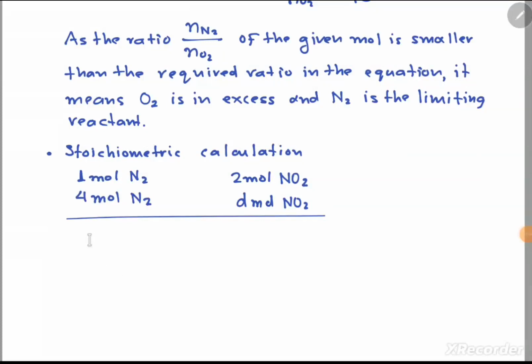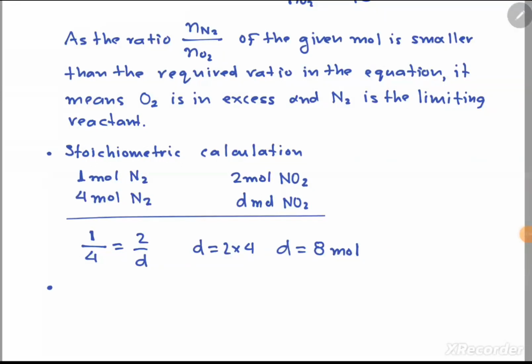And we have to solve the ratio to determine the mole of nitrogen dioxide. So we find out that we produce 8 mole of nitrogen dioxide.